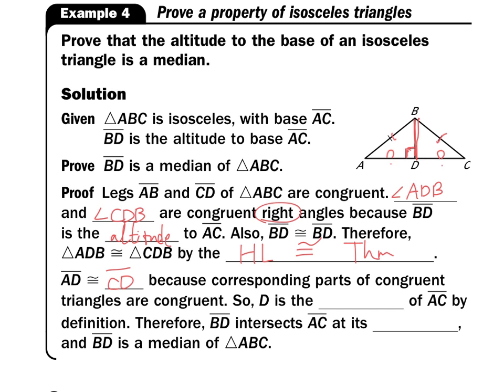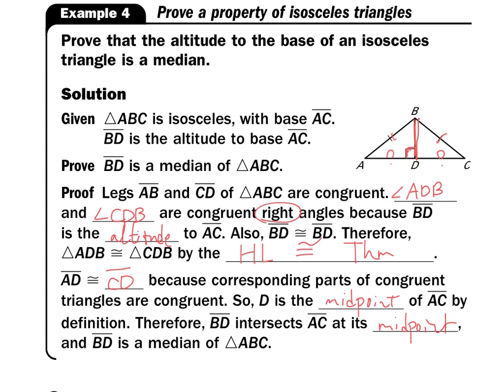Because of that, we can draw the conclusion that D is the midpoint of the side AC, and therefore BD intersects AC at its midpoint, and BD is the median of triangle ABC. So that's how we prove that the altitude to the base of an isosceles triangle is also a median.